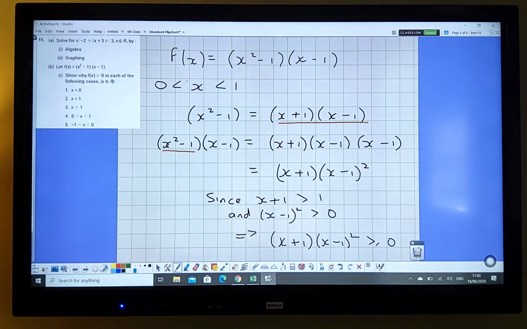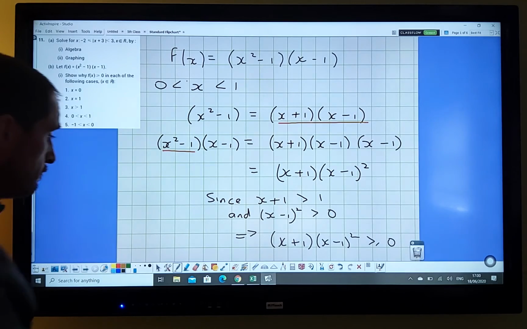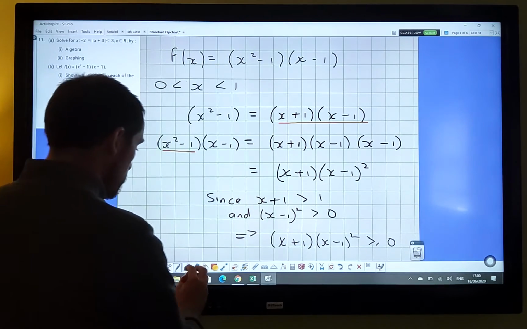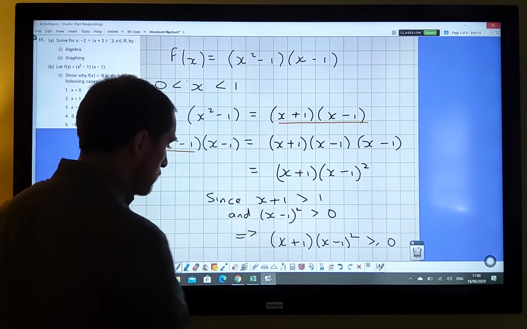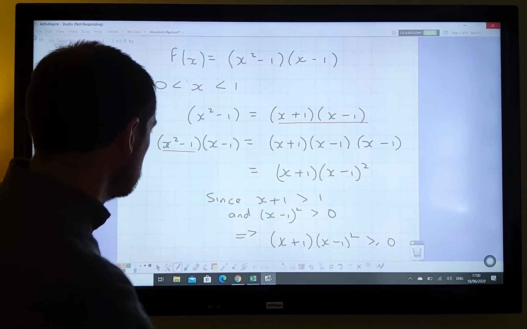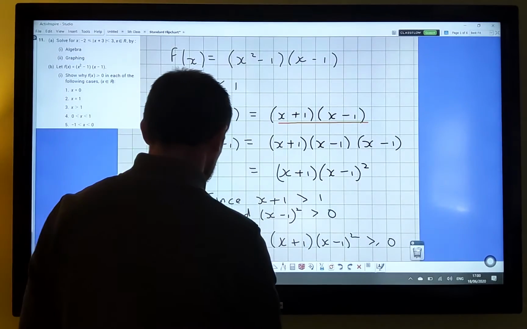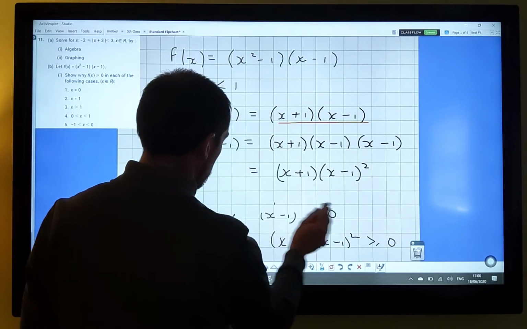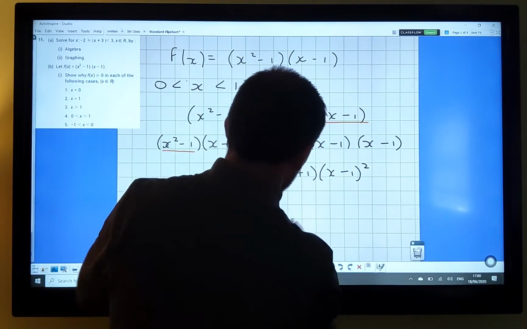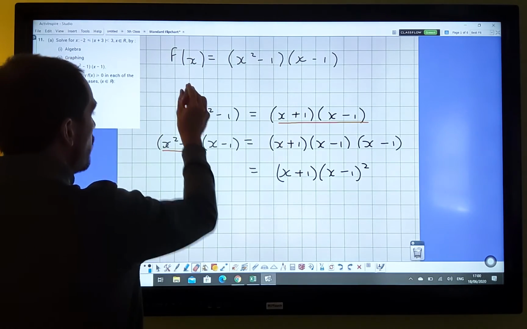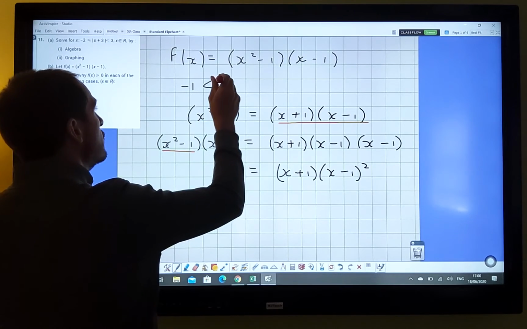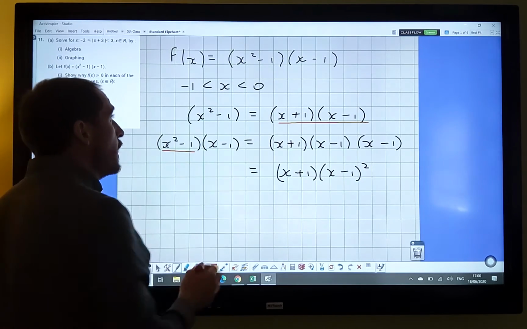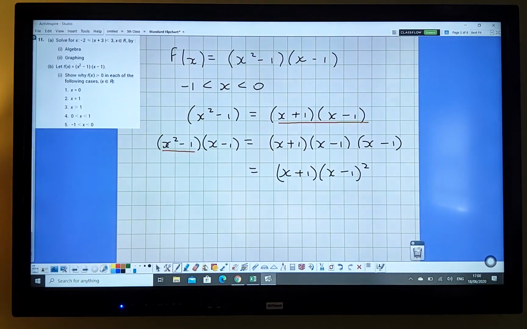And similarly for the last one. I'm not going to change this up too much, we're going to leave this bit here because it's the same thing. The only parameter that changes is this here, it's less than 0, so it could be a negative number.